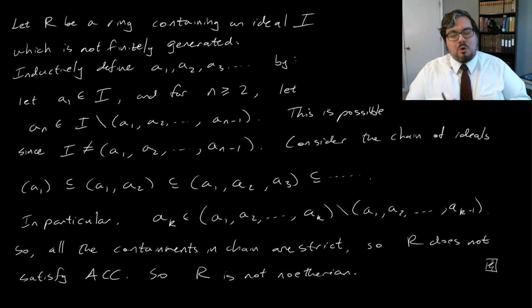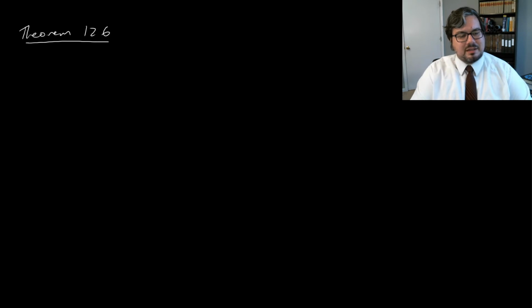One of the most important results that predated the notion of a Noetherian ring, predated our understanding of the ascending chain condition as being absolutely essential, is known as Hilbert's basis theorem. And it gives us a way of generating Noetherian rings based on other Noetherian rings. That's given in Theorem 126.